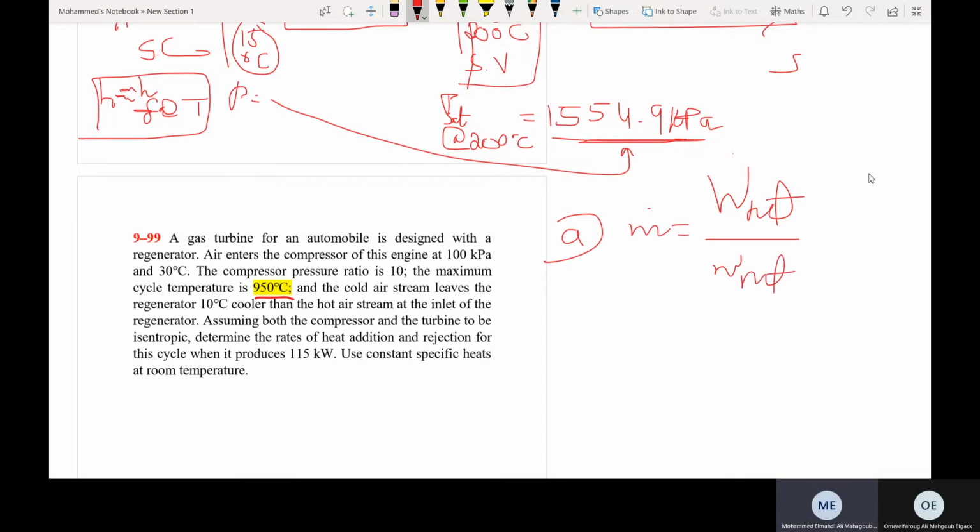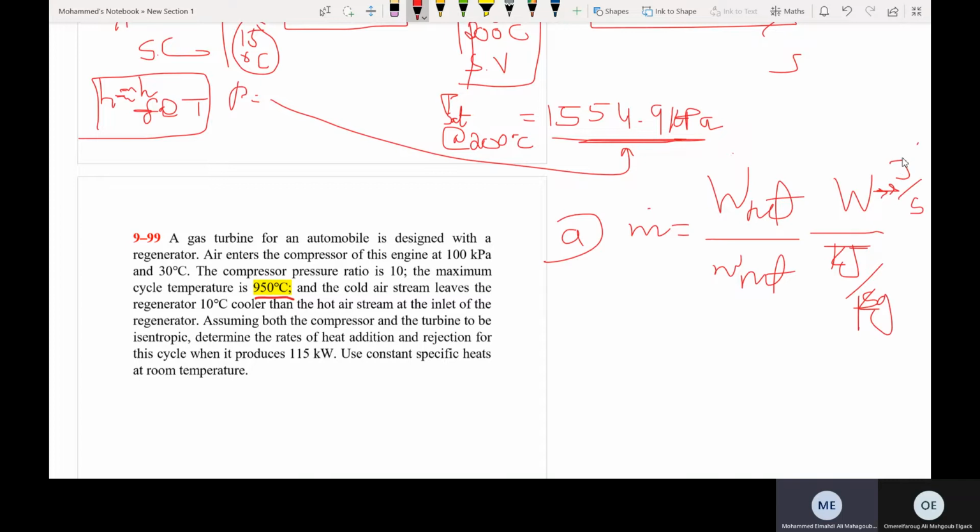Why is that? Because the power is in watts or kilowatts, and the specific work is in joules per kilogram. Let me just put them as joules per second. And we know that a watt is a joule per second.